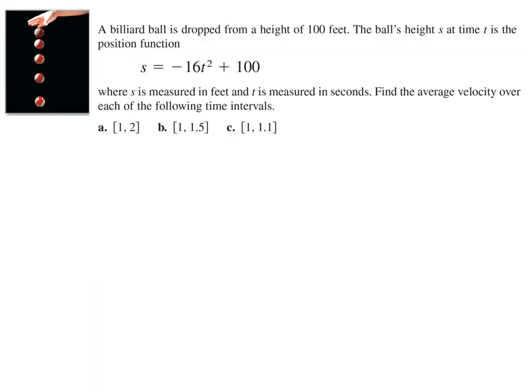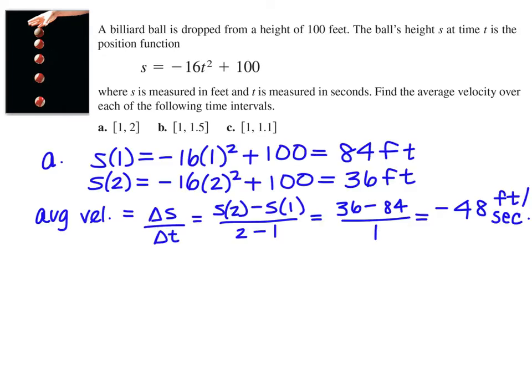Let's take a look at this example. Let's say I drop a billiard ball from a height of 100 feet. The ball's height, s, at time t, is this position function here, where s is measured in feet and t is measured in seconds. Now I'm being asked to find the average velocity over 3 different time intervals. I'll start with the first interval: find the average velocity from 1 to 2 seconds inclusive.